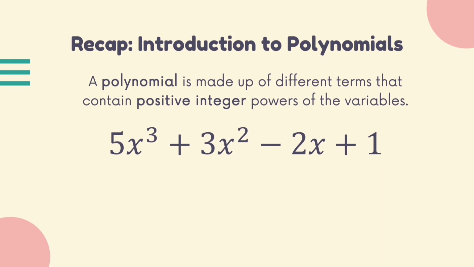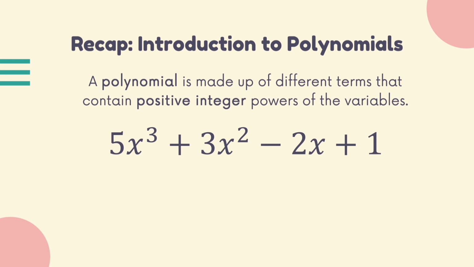It is also important to remember that a polynomial in one variable is written in descending powers of the variable if the exponent on the variable decreases from left to right. So in this case, we have 5x cubed plus 3x squared minus 2x plus 1. The powers of x are decreasing from left to right.